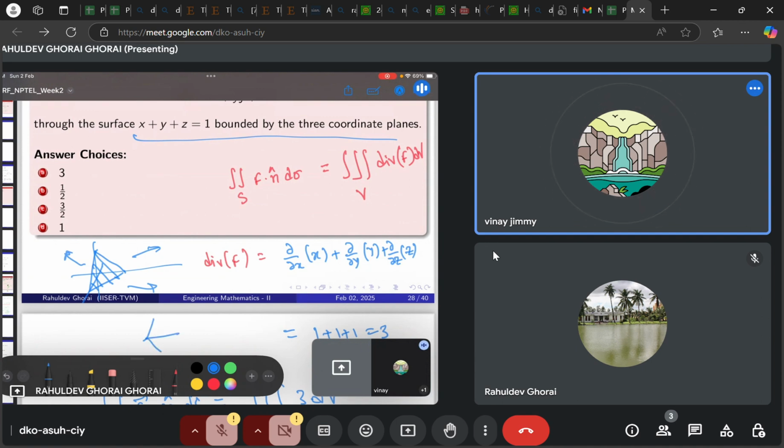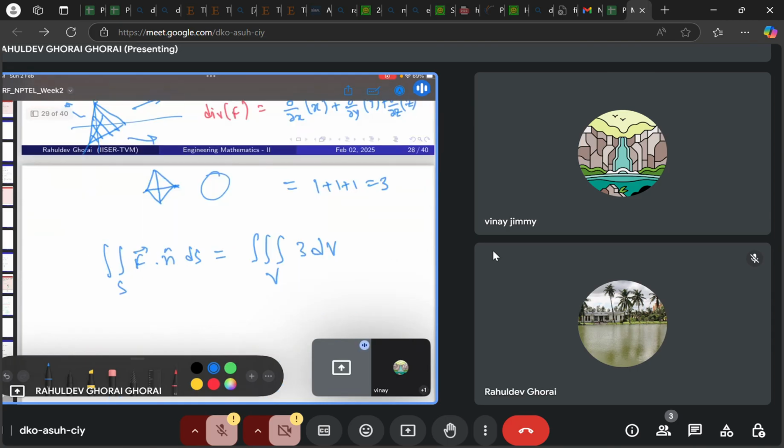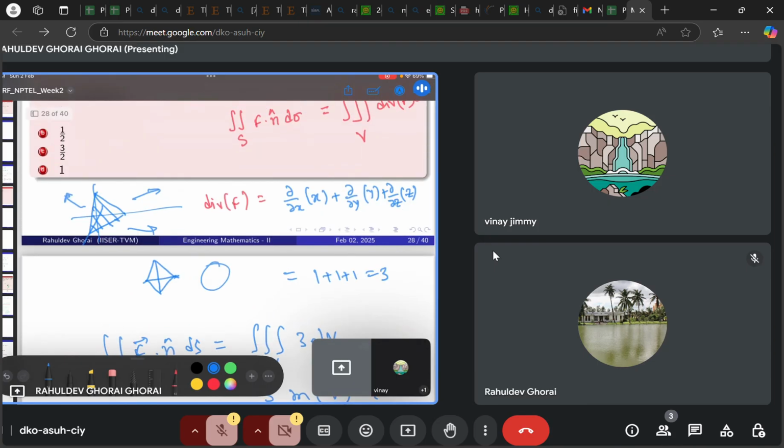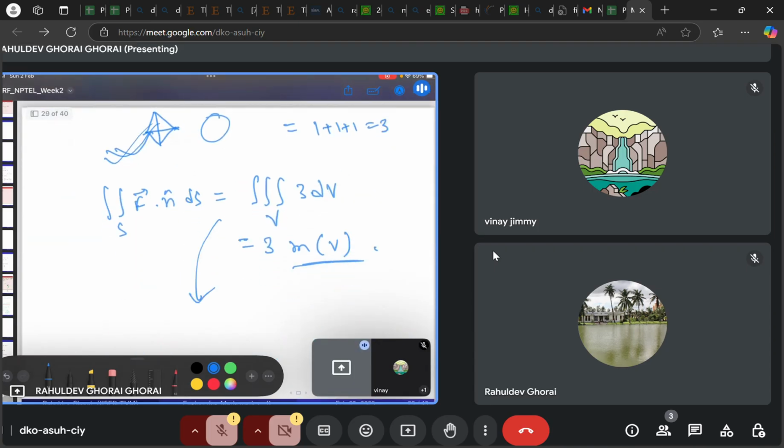If it is a sphere, then you can say it will be three times the measure of the volume, of course. But that volume is not the volume of a sphere, it is the volume of this one. So you cannot just evaluate it like this.